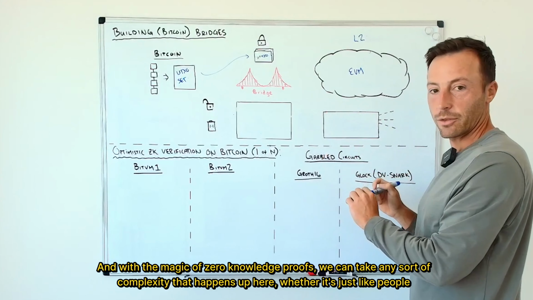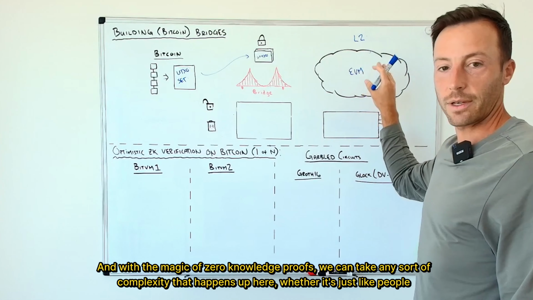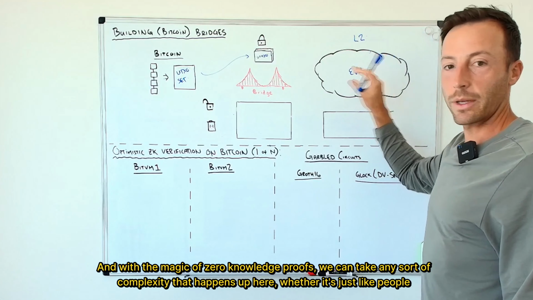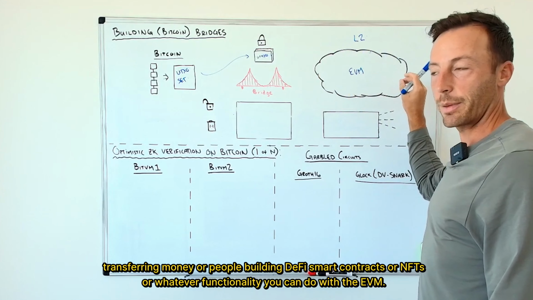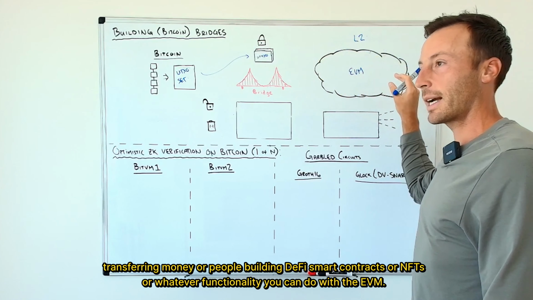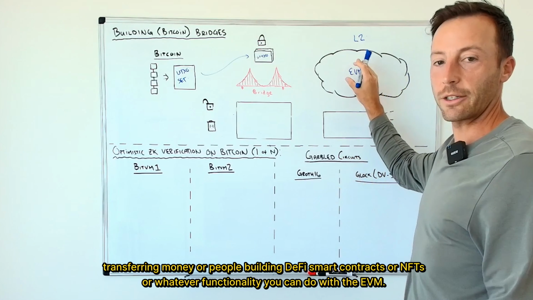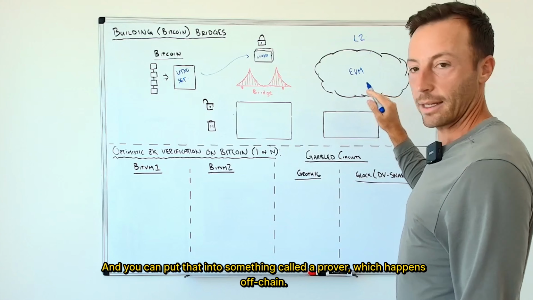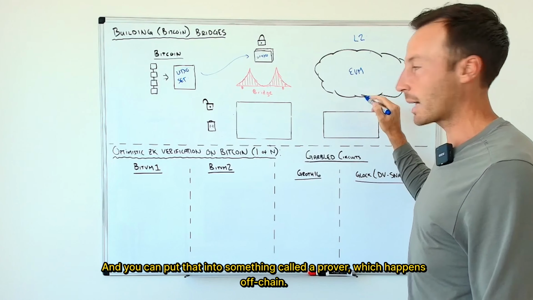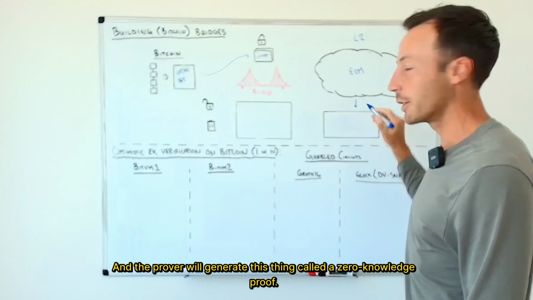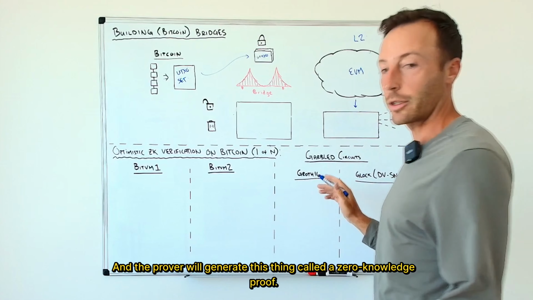And with the magic of zero knowledge proofs, we can take any sort of complexity that happens up here, whether it's just people transferring money or people building DeFi smart contracts or NFTs or whatever functionality you can do with the EVM, and you can put that into something called a prover, which happens off-chain. And the prover will generate this thing called a zero knowledge proof.